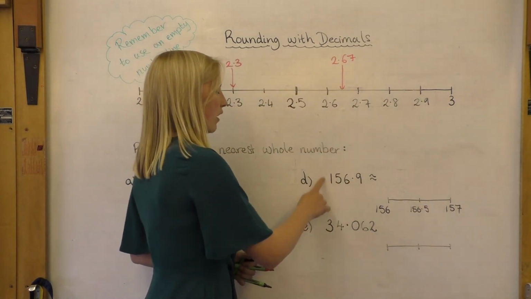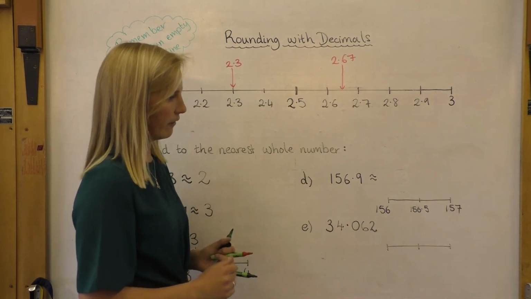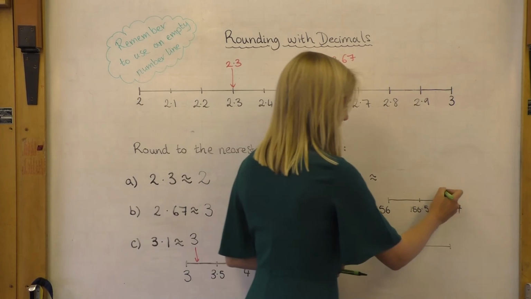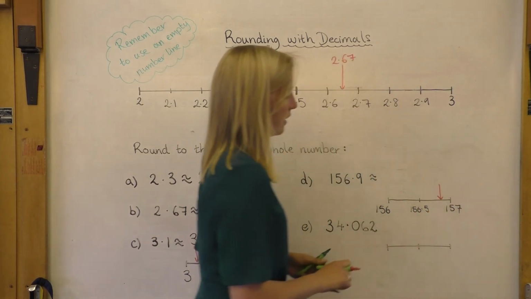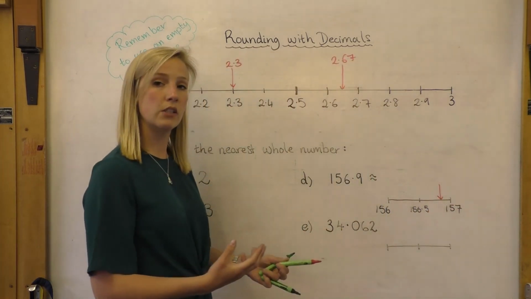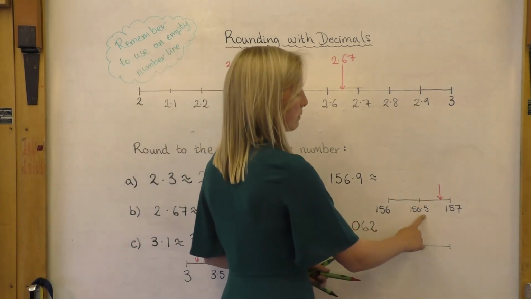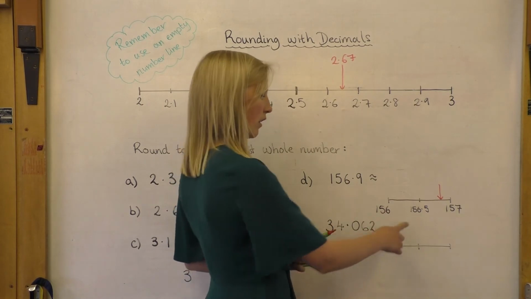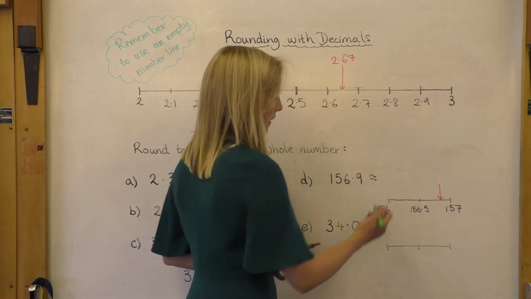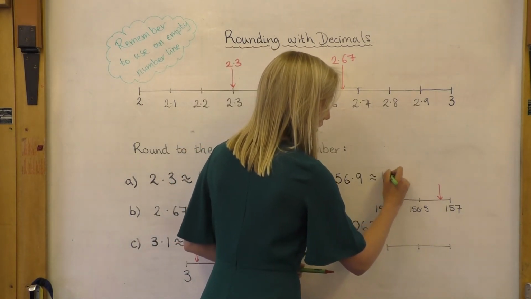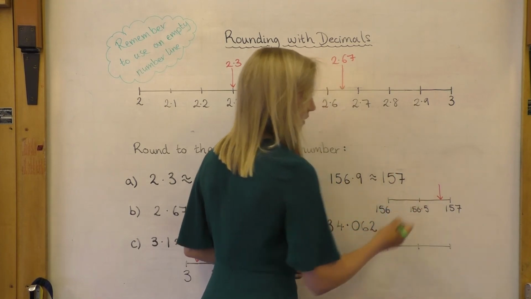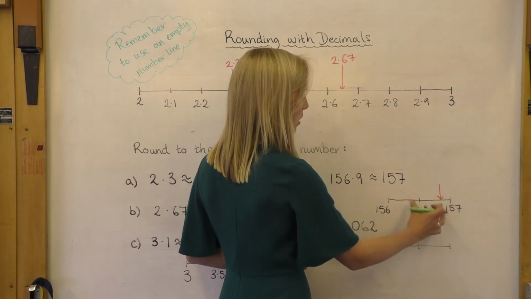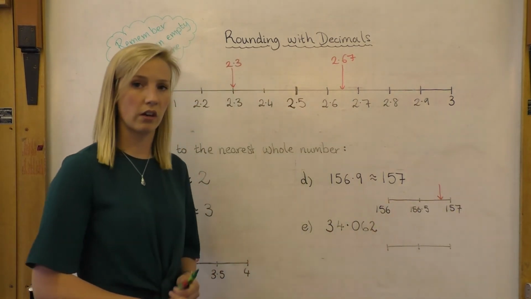We have the number 156.9, however. Well, 0.9 is bigger than our 0.5, so it lies somewhere in this section here. We don't really need to place it too accurately, but we know it's bigger than our 156.5. So if it's bigger than our 156.5, the nearest whole number that it is closest to is our 157, because the gap towards our 157 is smaller than the gap towards our 156.